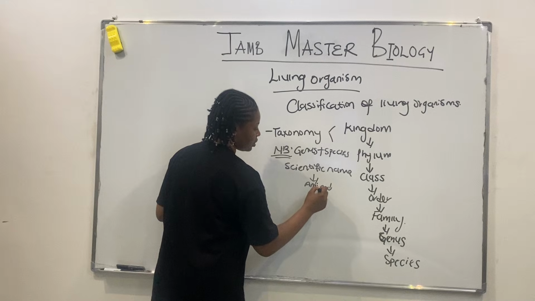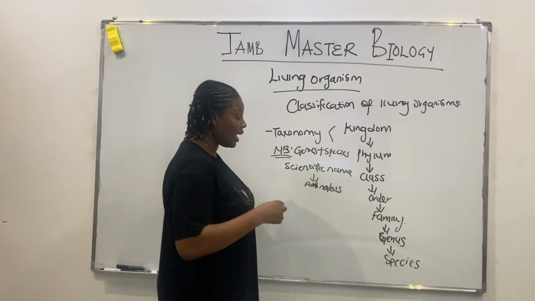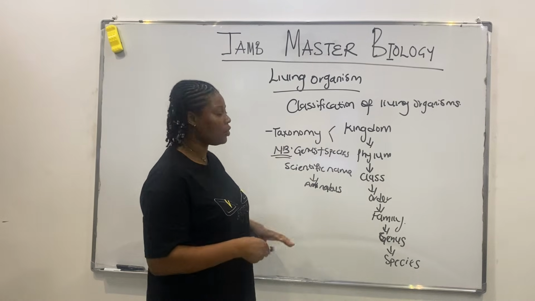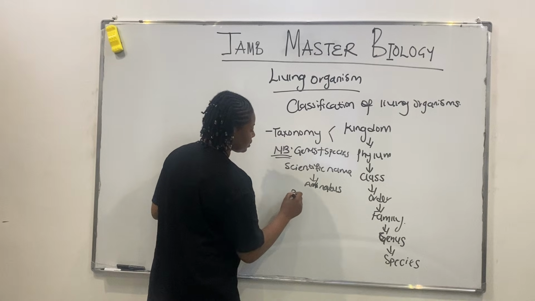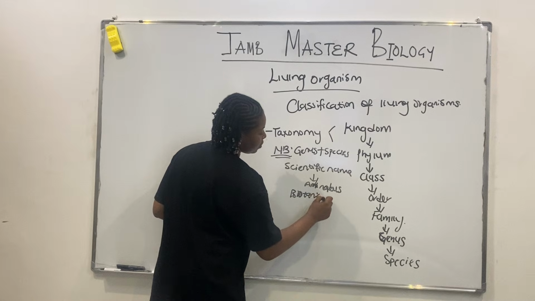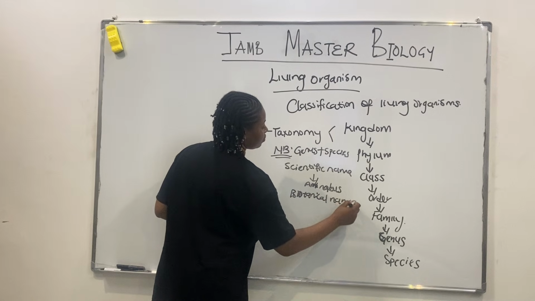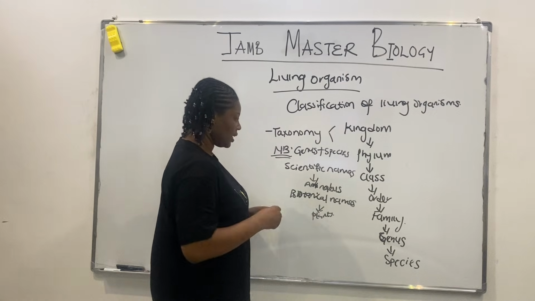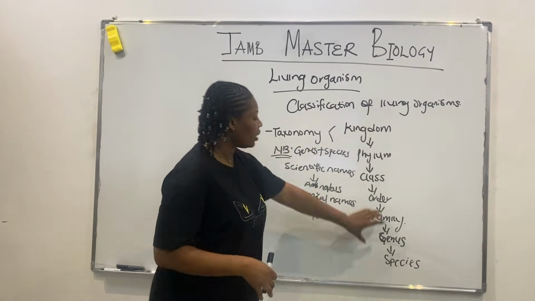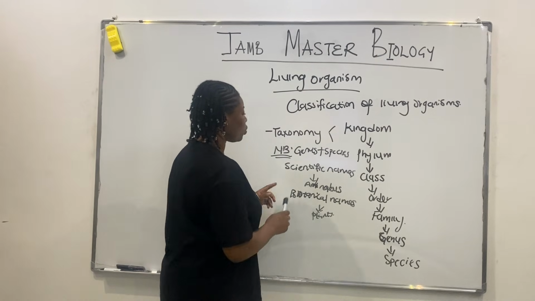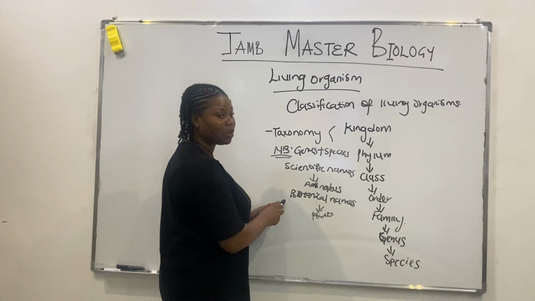So in science, the names given to animals are called scientific names, while those given to plants are called botanical names. So this is the hierarchy of classification in science, and the genus and the species make up either the scientific name or the botanical name of organisms.